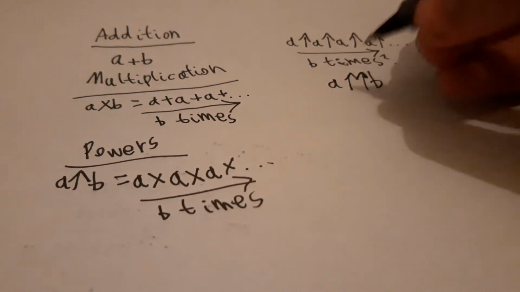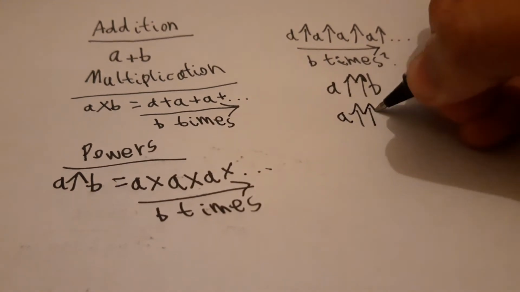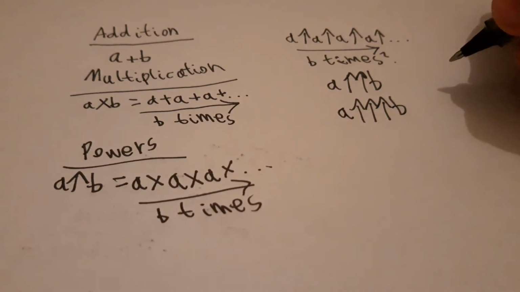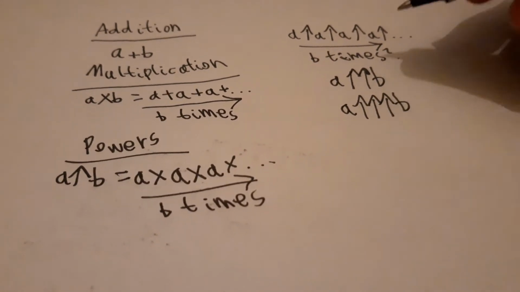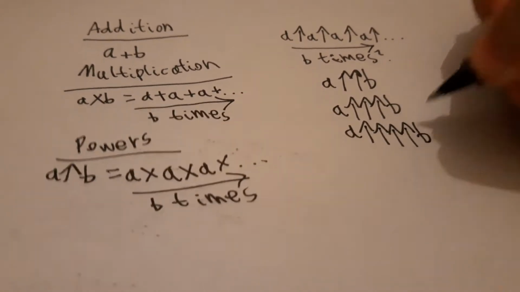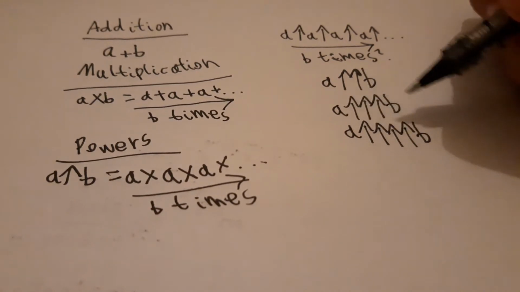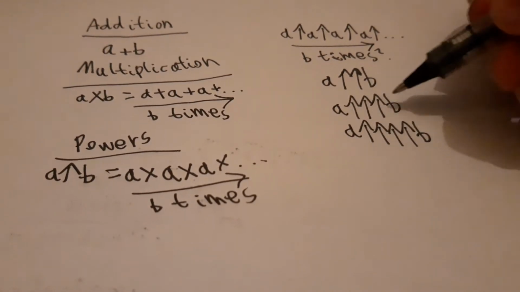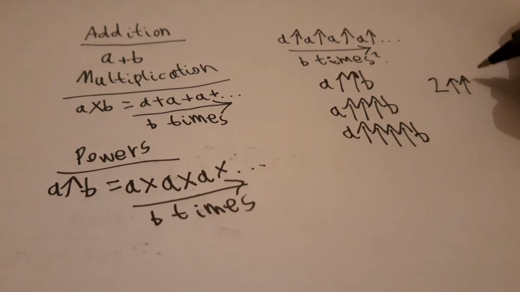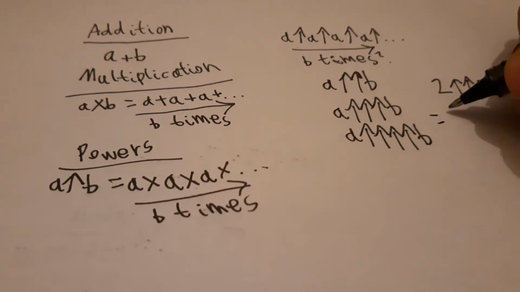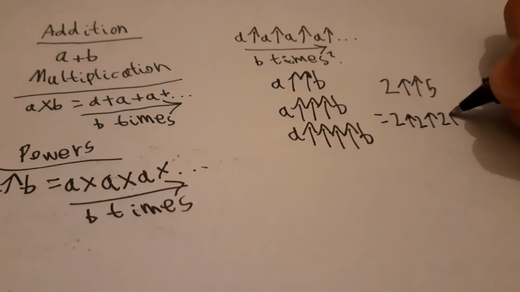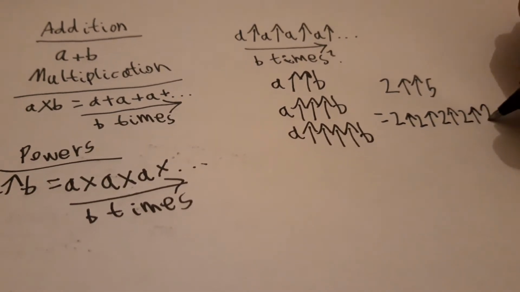We also have A triple arrow B, which is A double arrow A double arrow A double arrow A, and keep going, B times. And A quadruple arrow B is A triple arrow A triple arrow A triple arrow A, B times.